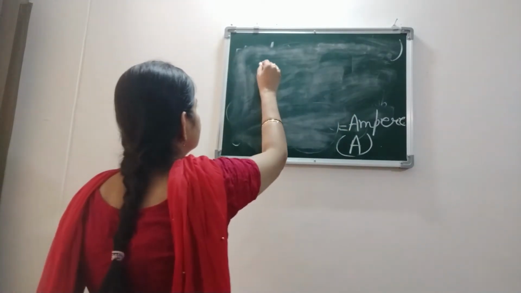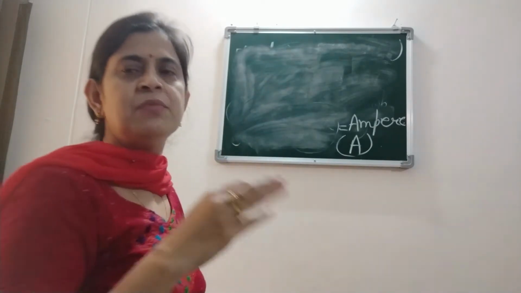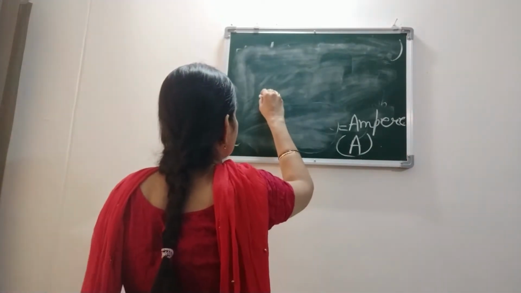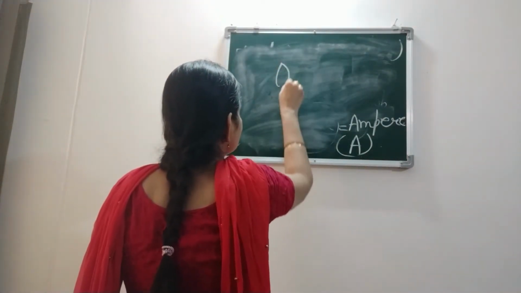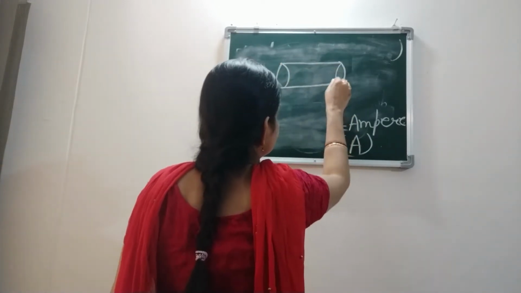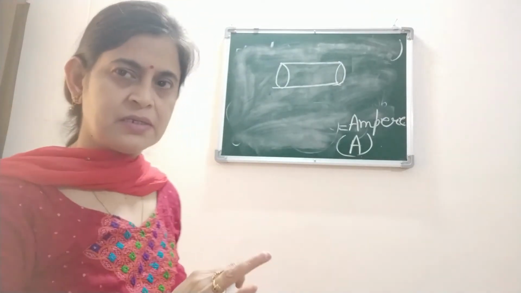Suppose we take a circuit. What do you mean by electric circuit? The closed and continuous path of an electric current is called the electric circuit.